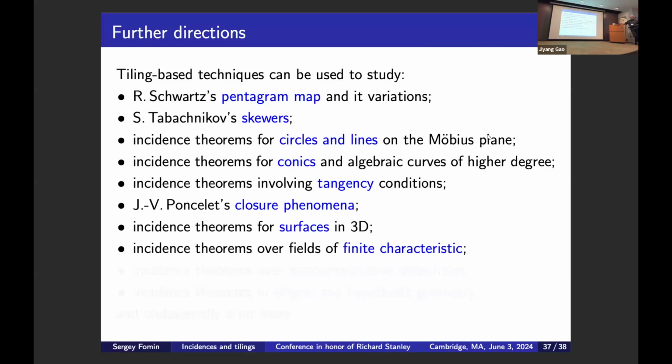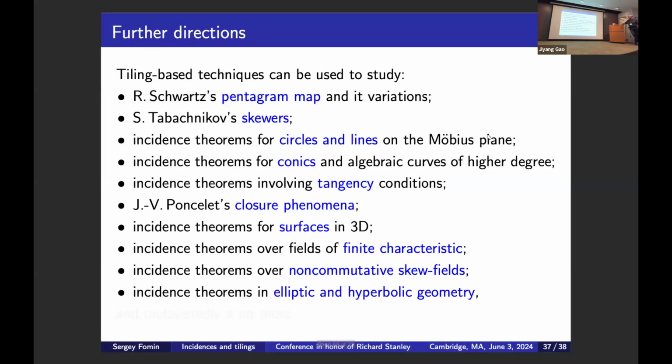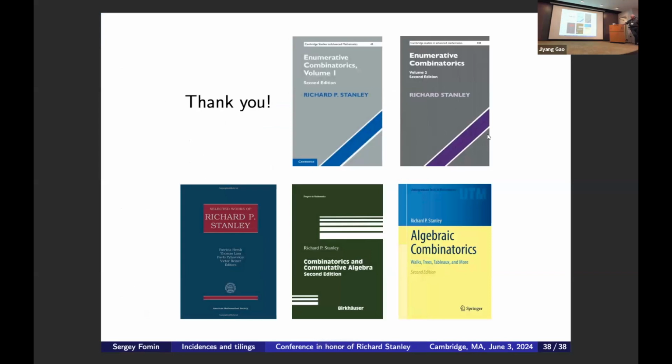Over fields of finite characteristic, I can explain how you can use Frobenius to get that as well. Incidence theorems over non-commutative skew fields I already mentioned. Theorems in elliptic and hyperbolic geometry, and I'm sure many other things. And that's it. Thank you.